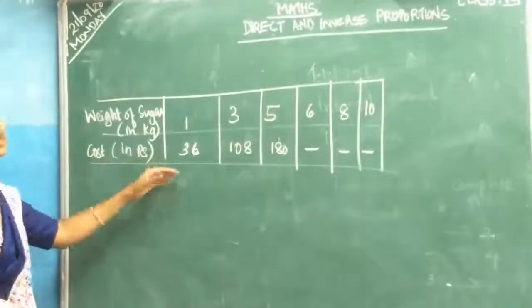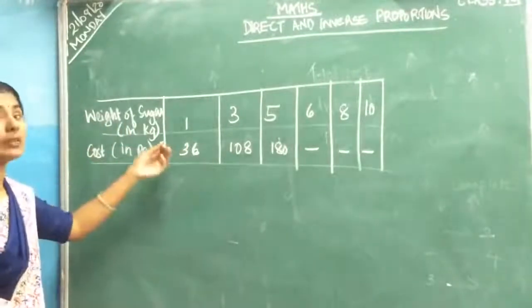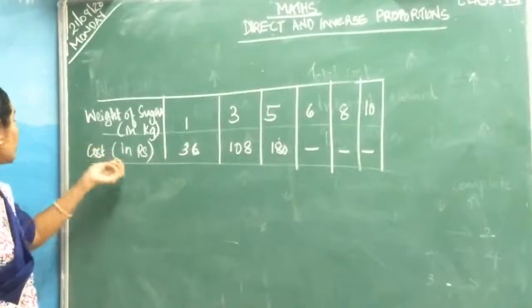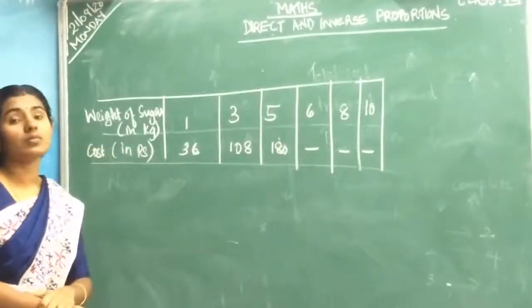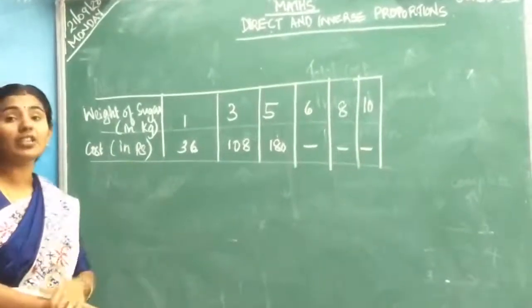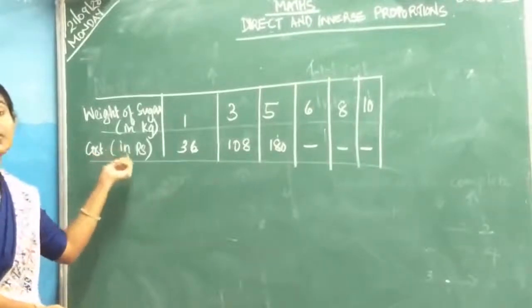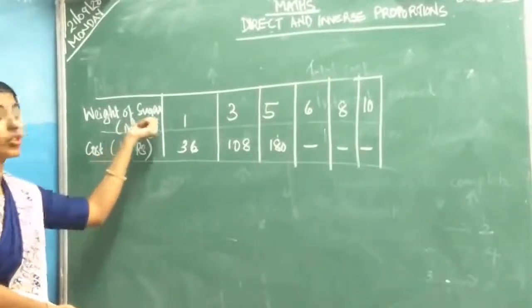And what is given in the second row? They have given the cost of that sugar.